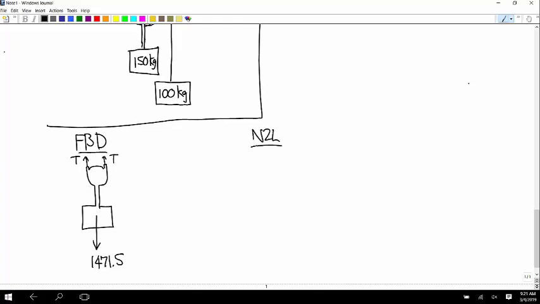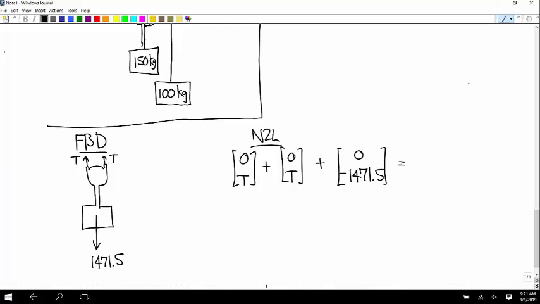And so Newton's second law says T plus T minus 1471.5 is equal to mass 150 times the acceleration, and we know that's in the y direction. We don't have to specify direction. We can just call it a_150.